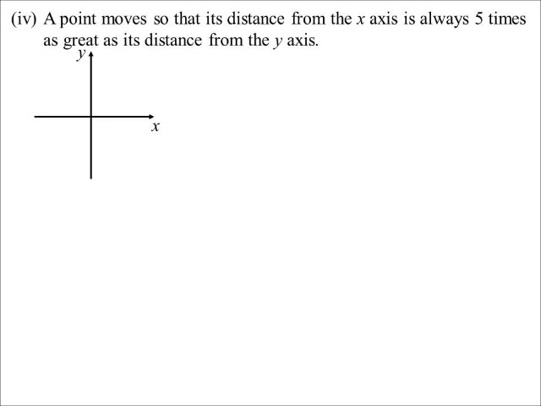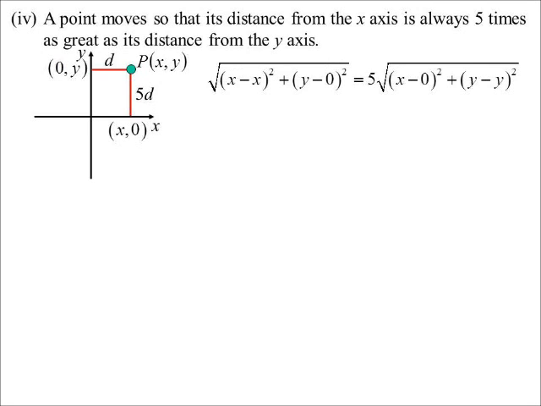One, of course, is correct. One, of course, is incorrect. Let's see which one is which. So distance to the x-axis, I'll call that the point x, 0. Distance to the y-axis, call that 0, y. And we're saying the distance to the x-axis is 5 times the distance to the y-axis. Square both sides, and sure enough, yep, it's y equals plus or minus 5x. You can have 2 possibilities for that one.